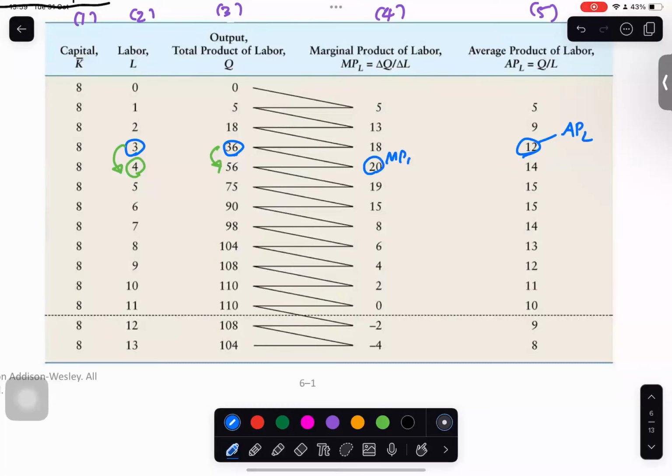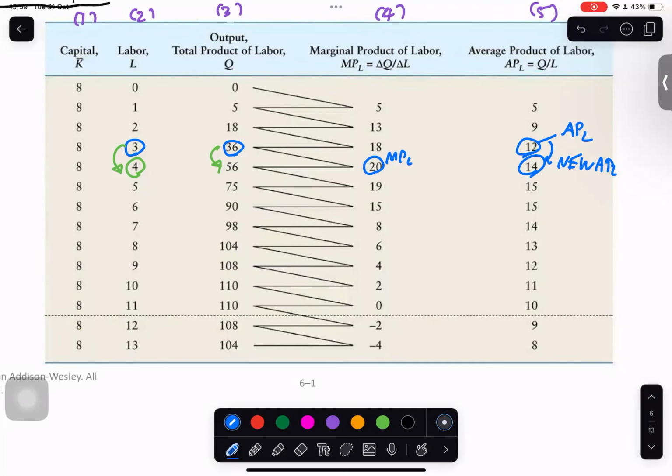That's the marginal product that we received. And when we compute the new average product, take a look. 56 pieces divided by 4 workers gives on average 14 pieces. Labor becomes more productive.